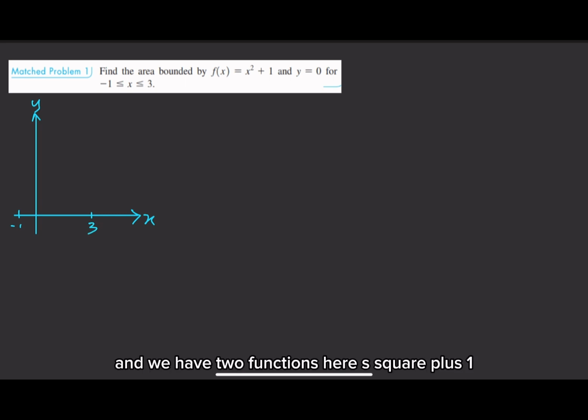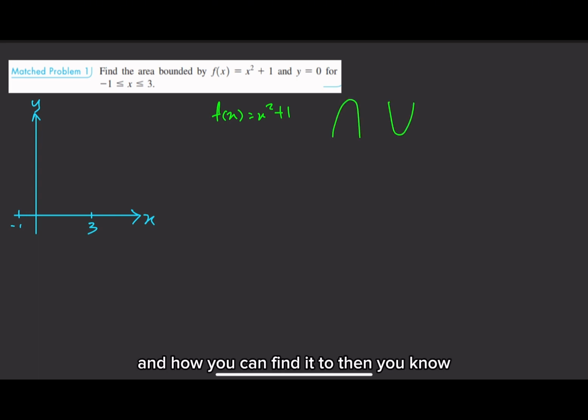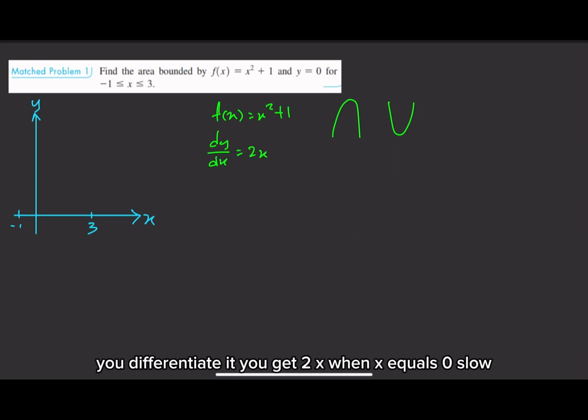And we have two functions here, x squared plus 1. Now we know that f of x equals x squared plus 1. We know that it's definitely a curve because it has a square, so it's definitely a maximum or minimum. And how you can find out is you differentiate it, you get 2x.